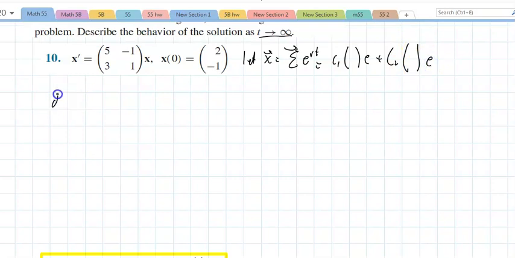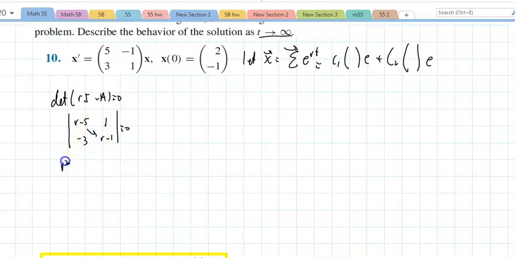And we're going to solve the determinant of rI minus A equaling 0. Sorry, I just knocked this thing down. That's going to be r minus 5, and a 1, and a negative 3 and r minus 1, equaling 0.